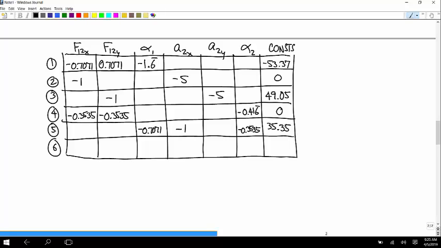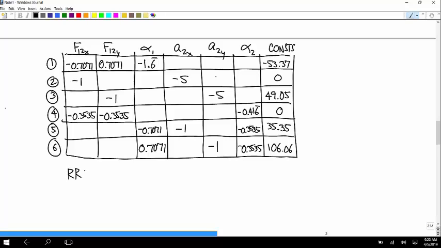And then equation 6: alpha 1 is 0.7071, A2Y is negative 1, alpha 2 is negative 0.3535, and the constant is 106.06.